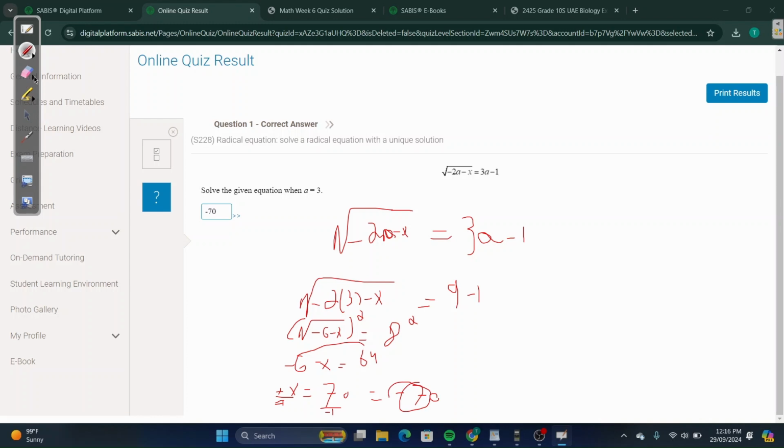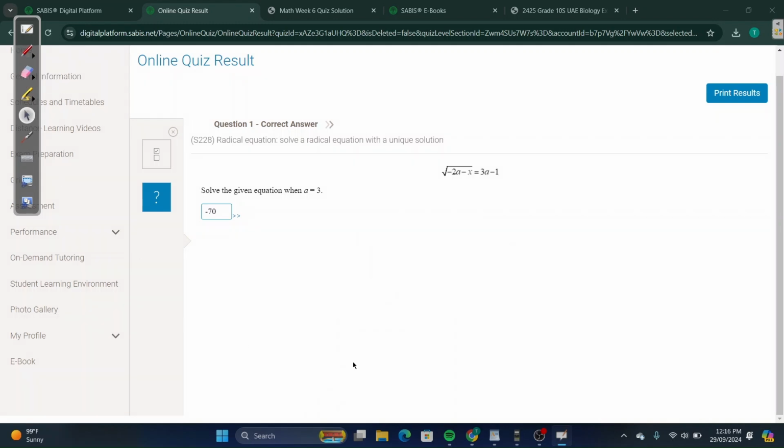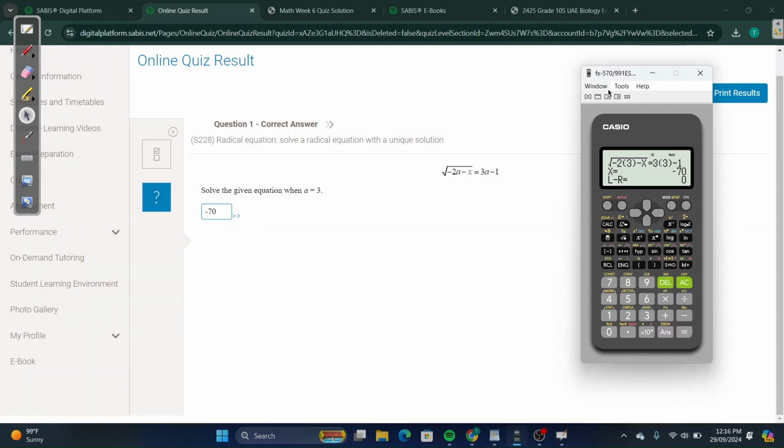Now, how do you do this on a calculator? Let me just clear this. I have the calculator here. What you're going to do is root negative 2, but I prefer to multiply in brackets, even on written exams and on my own scratch paper.